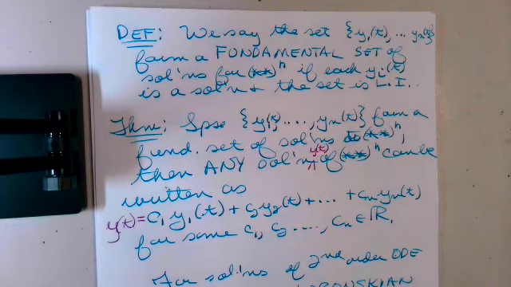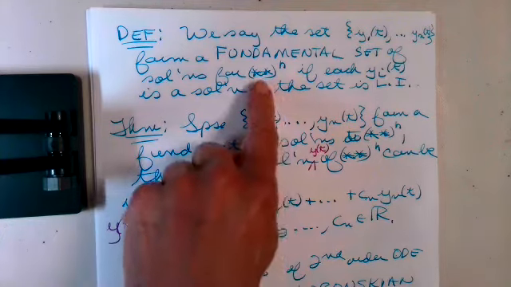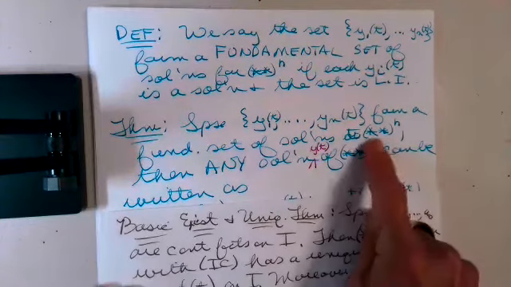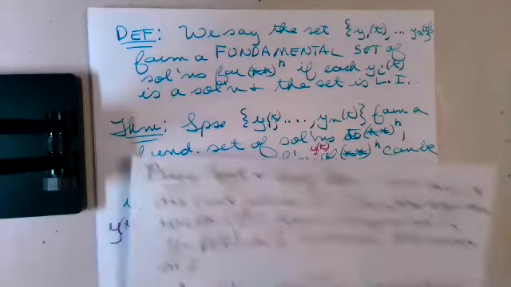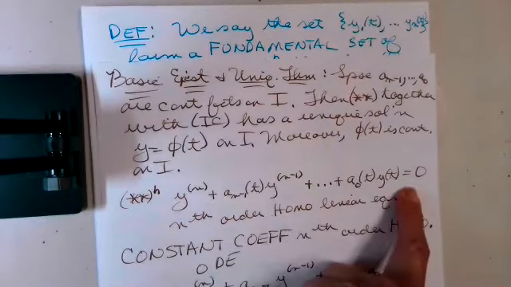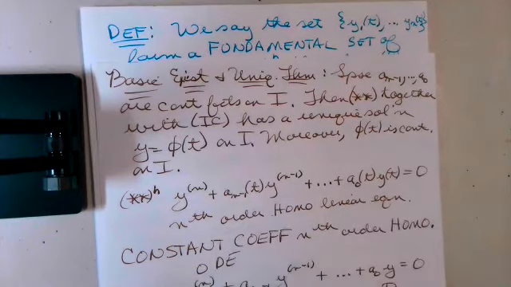Okay, so we say that a set of solutions, y1 up to yn, form a fundamental set of solutions for, let me get that equation back up. Double star H is the nth order homogeneous equation, linear with variable coefficients.